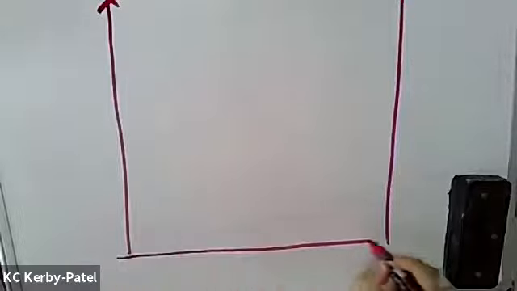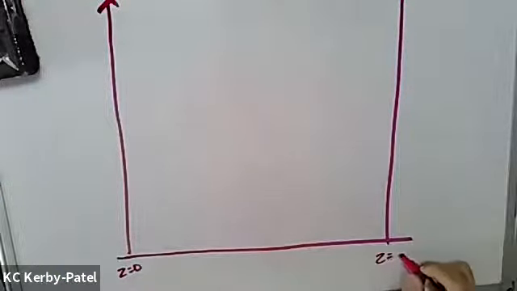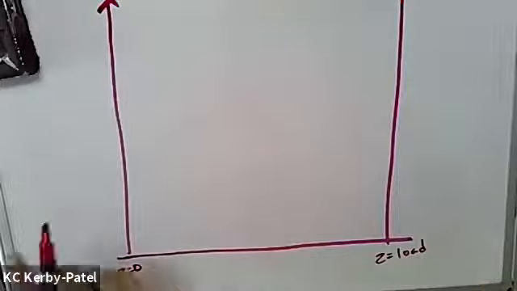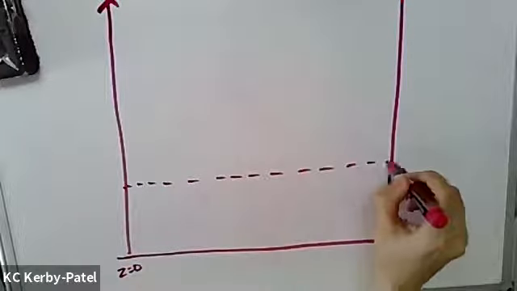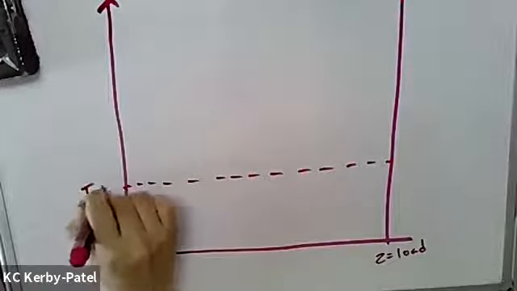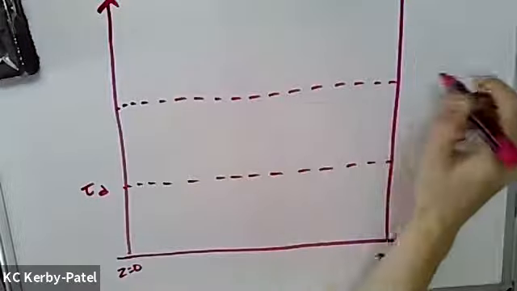Across the bottom here is a position axis. So you've got z equals 0 for the source over here, and z equals wherever the load is over here. And then you separate this plot into stripes of the time delay it takes to propagate all the way down the transmission line.